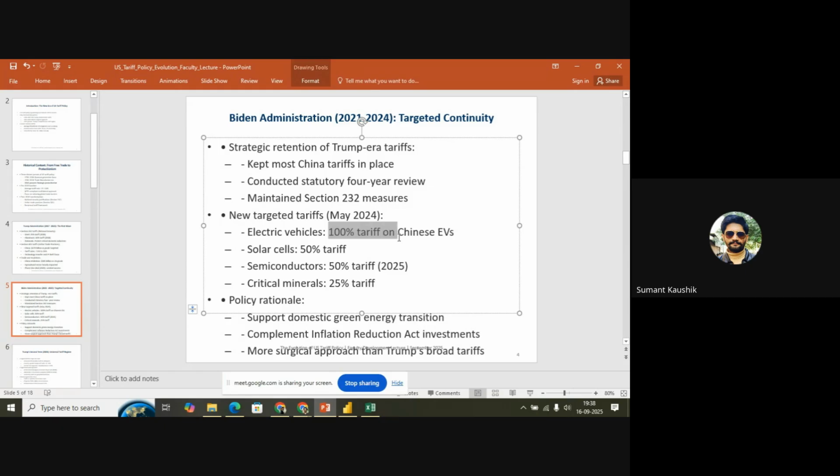So 100% tariff on China's EVs, Chinese electric vehicles, solar cells, semiconductors. So this was the period when the Biden administration targeted Chinese products and many other products from developing or emerging economies. As I have mentioned, this was the pre-election period. That's why it became so huge.